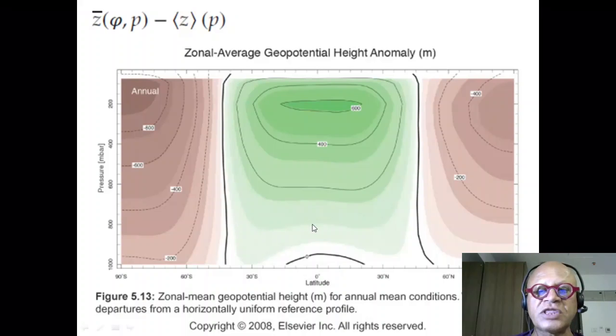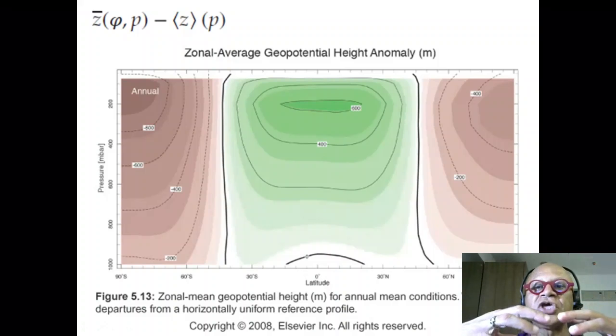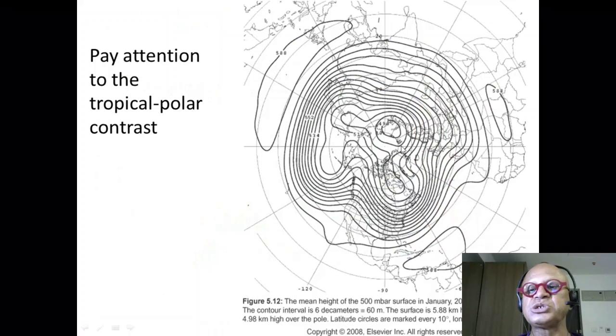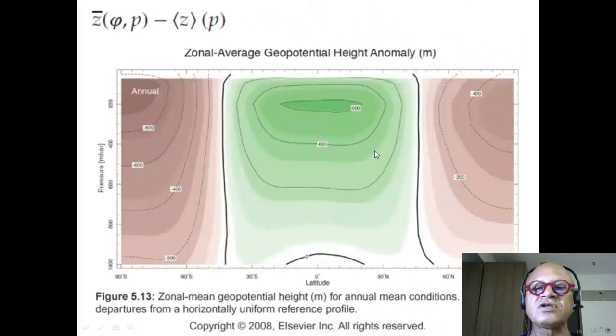So what you are seeing is whether at that level the tropics are higher than the global mean, or lower. As you go to higher latitudes, they are negative numbers, which means they are below the global average, and in lower latitudes, they are above the global average. So it's domed up in the low latitudes and domed down at higher latitudes. If you take an average and subtract, you will get negative numbers here and positive numbers here, right? That's what this is saying.